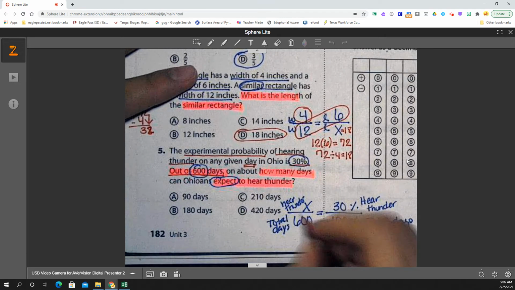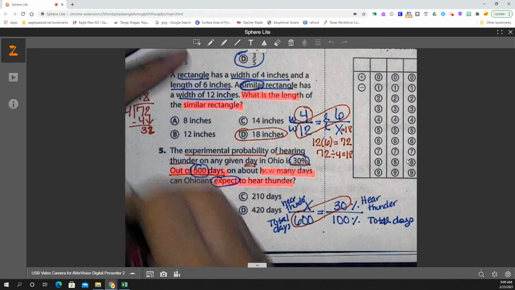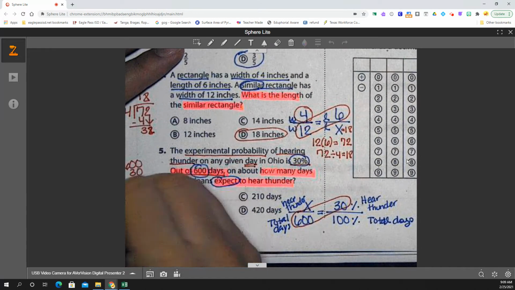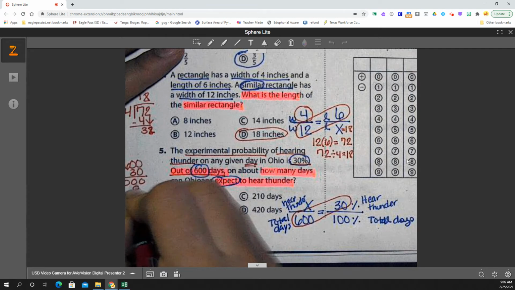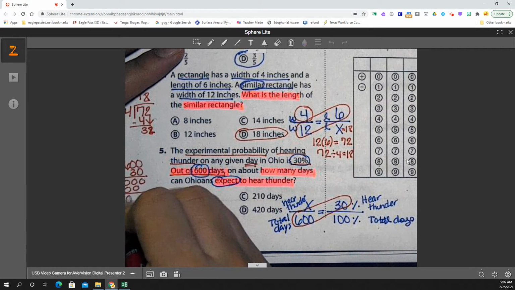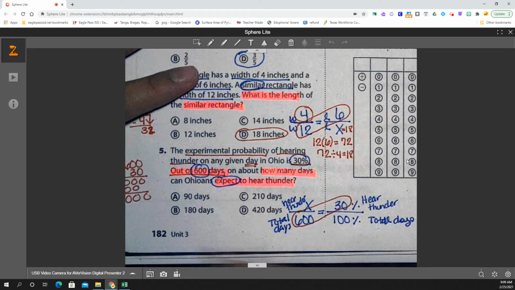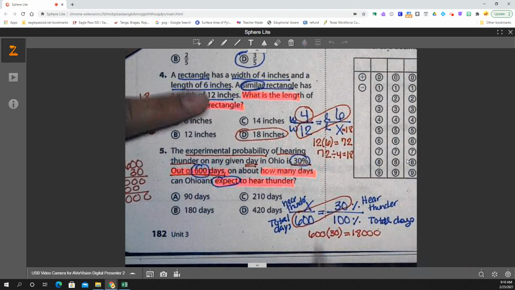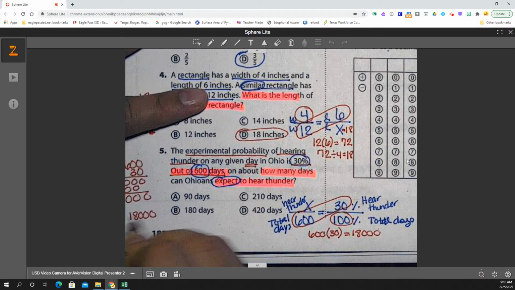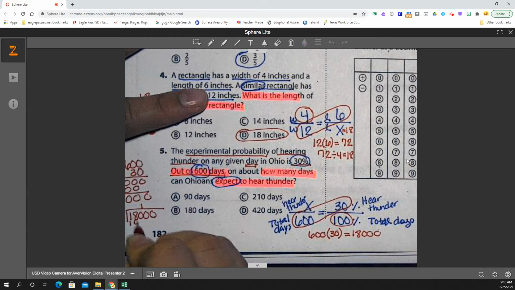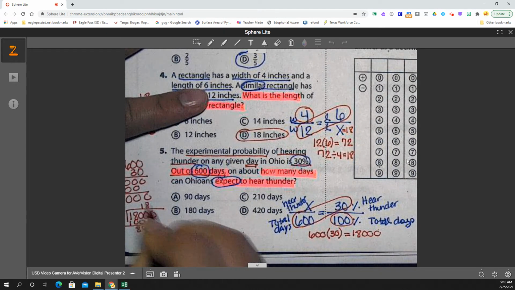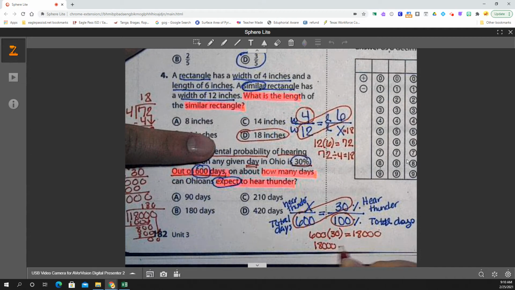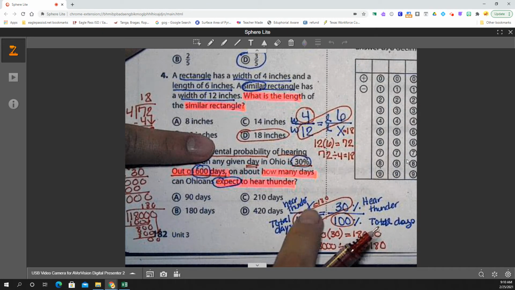And then I'm going to work it out. 600 times 30 is 18,000, and then I'm going to divide by 100. 18,000 divided by 100 gives me 180. So you're going to hear thunder 180 days.